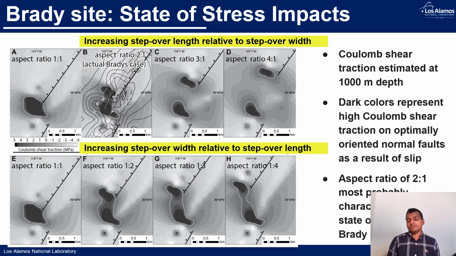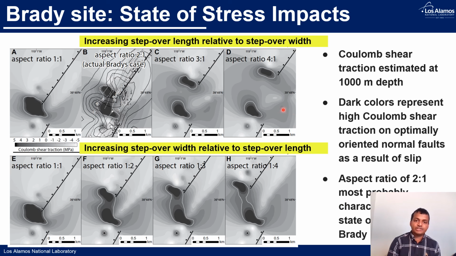Here we try to understand the state of stress. We calculated the Coulomb shear traction estimated at 1000 meter depth. The dark color represents high Coulomb shear traction on optimally oriented normal faults as a result of slip. From a previous study, we found that the 2:1 ratio is the most important.